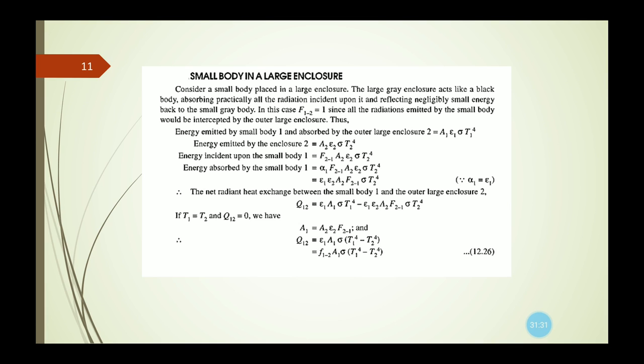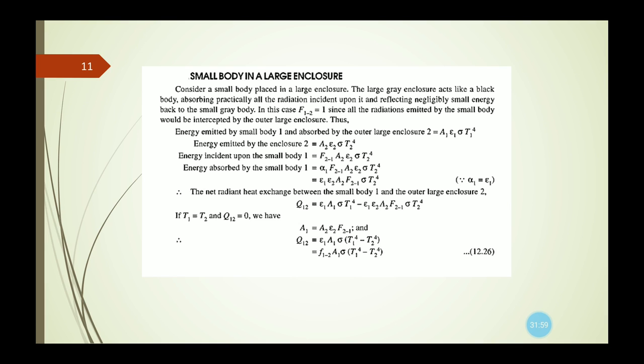The energy emitted by enclosure 2 is A2 epsilon 2 sigma T2 to the power 4. In a similar manner you can write the energy incident upon the small body 1 and the energy absorbed by the small body 1, considering Kirchhoff's law, where absorptivity equals emissivity.